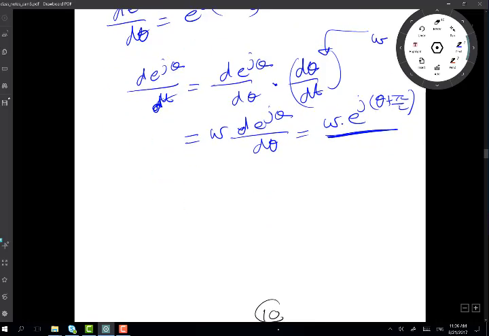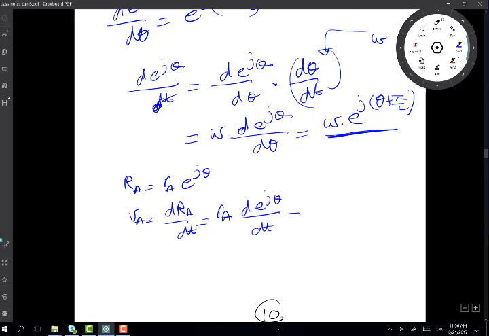Okay, so now my vector Ra, which is Ra e to the j theta, if I want this to be velocity Va, which is d Ra dt, and I keep R constant, it is really d e to the j theta dt, which will be Ra times omega. Now systematically we do this, j theta plus pi over 2. That's as simple as that.